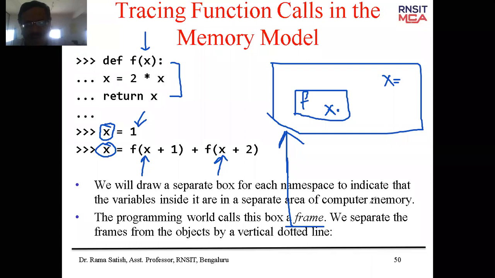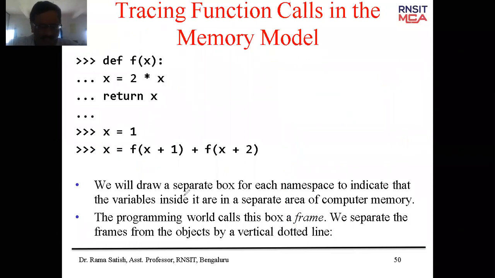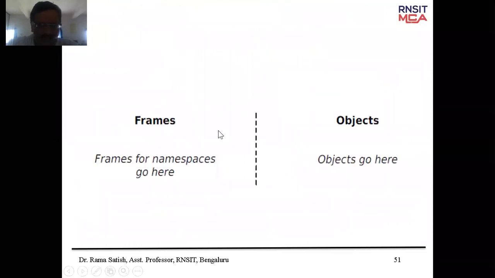We separate the frame from the objects with vertical dotted lines. We'll see in the next slide how exactly it is represented. So look here: this is the frame and these are all the objects. Frames and objects are nothing but the variables and other components.